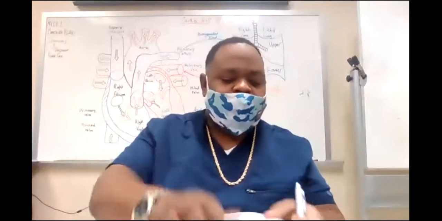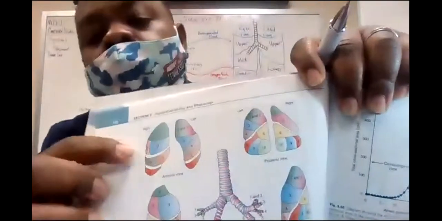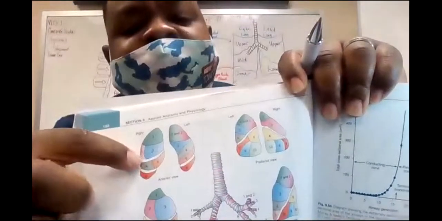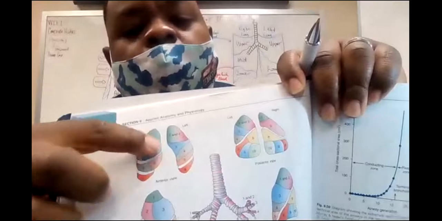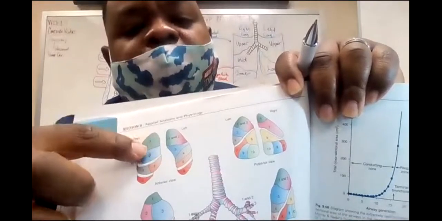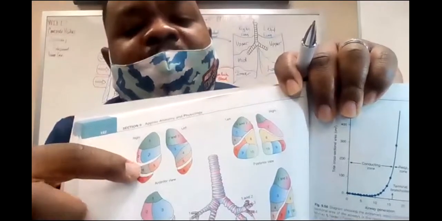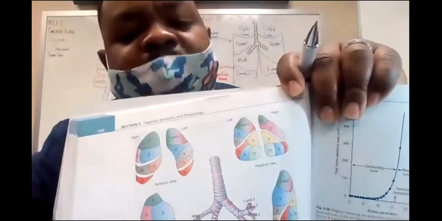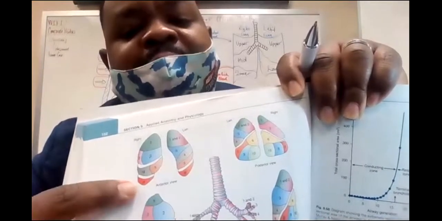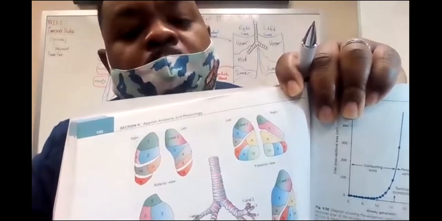You got a lung that has lobes. You got a right upper lobe, right lower lobe, right middle lobe. Right here, this is where the white is. This is separated. 1, 2, 3, these are the right upper lobe. 4 and 5 is this section here. That's the right middle lobe. And this 8 one down here, this is the right lower lobe.